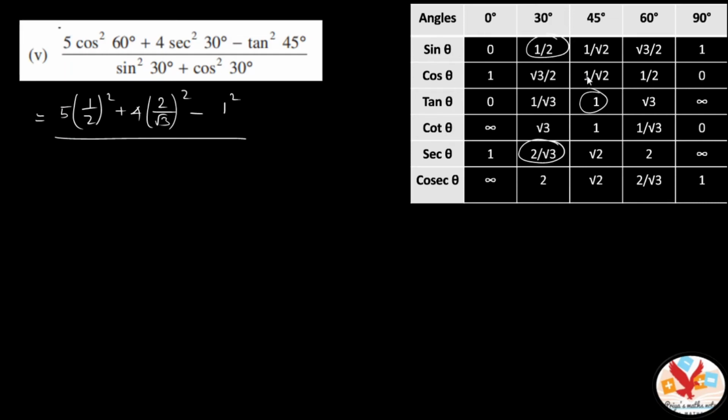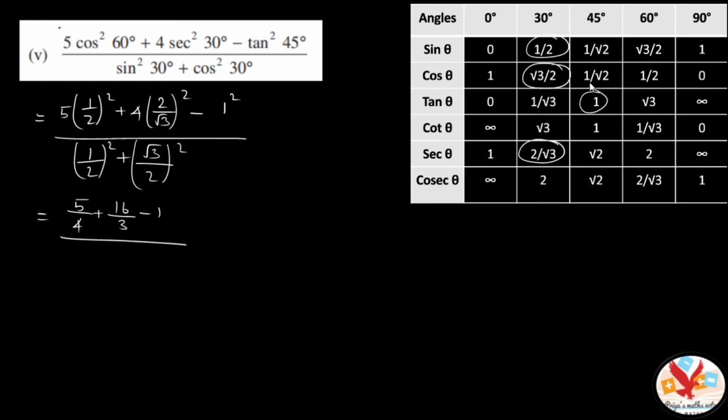That is 1 by 2 the whole square plus cos 30 degree is root 3 by 2 the whole square. Just to simplify, what is the simplification? 5 by 4 plus 16 by 3 minus 1 by 1 plus 3 by 4, which is equal to 67 by 12. Hence the solution.